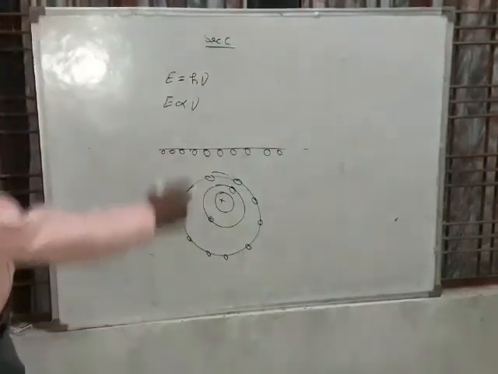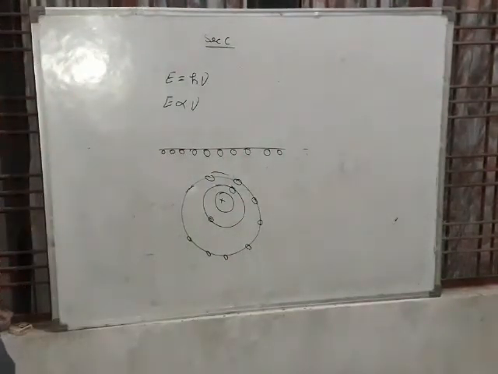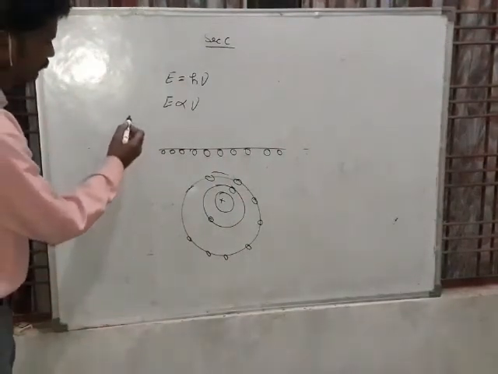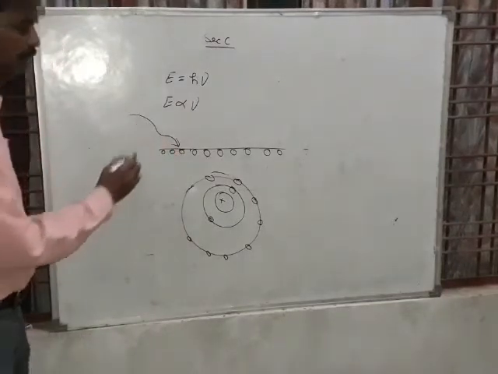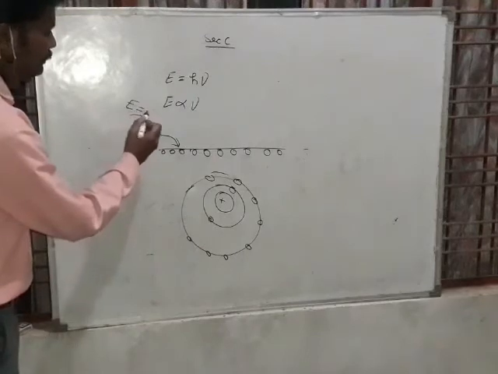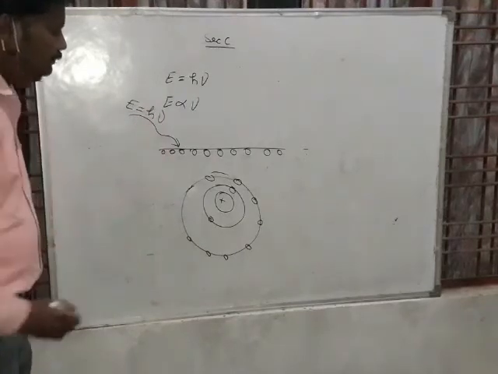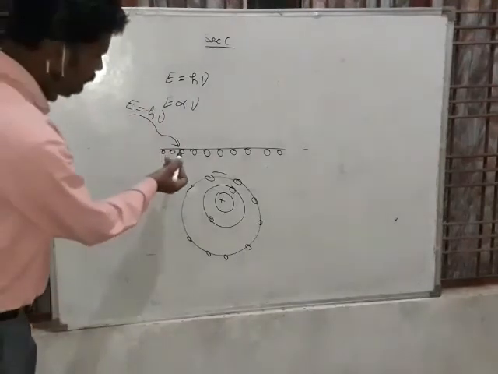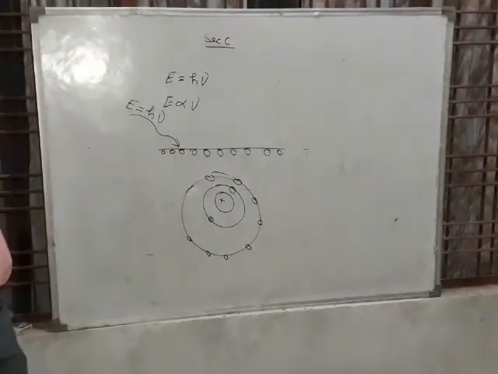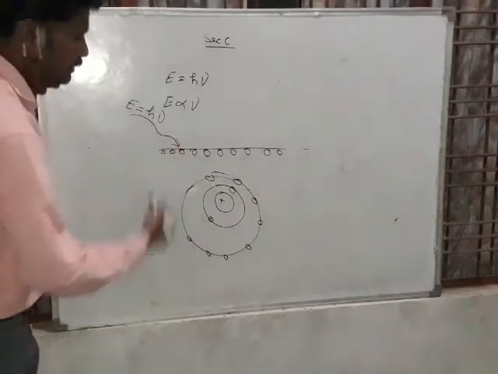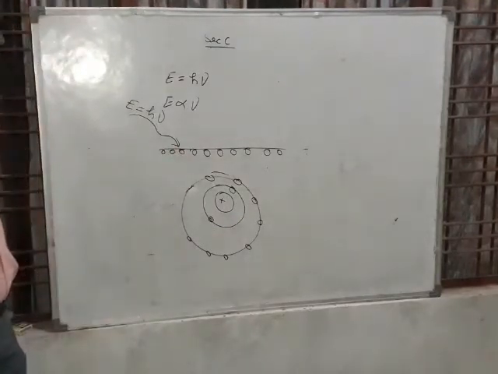These electrons are free to move inside the metal surface. If any photon gives its energy E equal to h nu to any one of the electrons, then this electron can obtain kinetic energy.